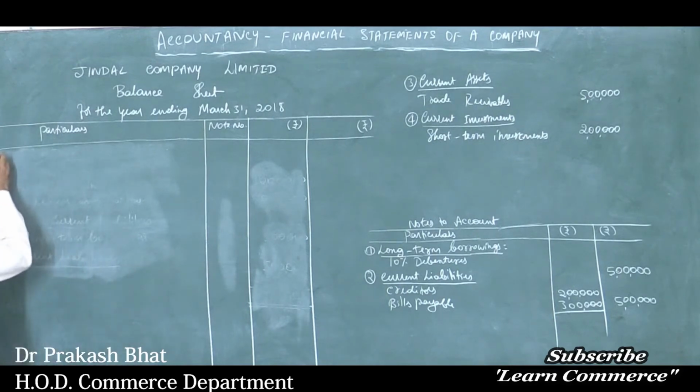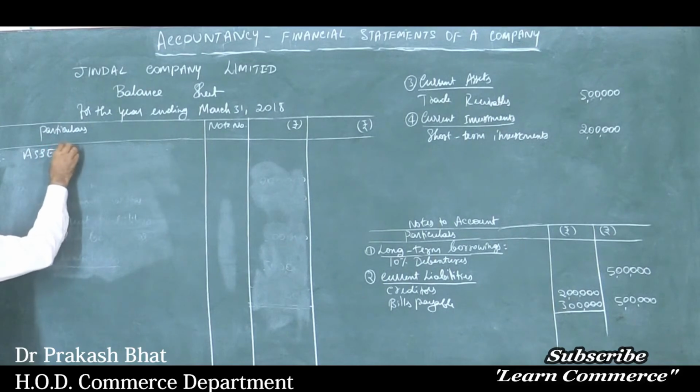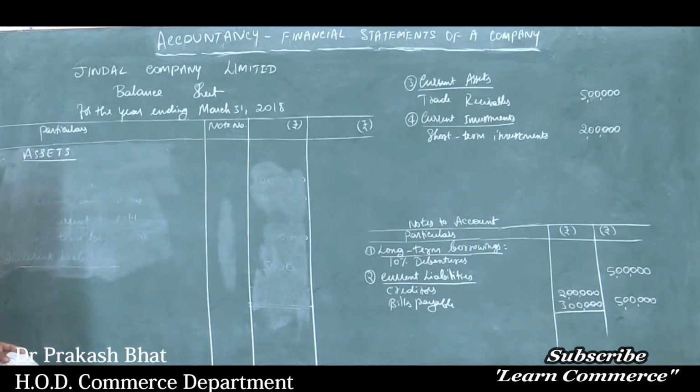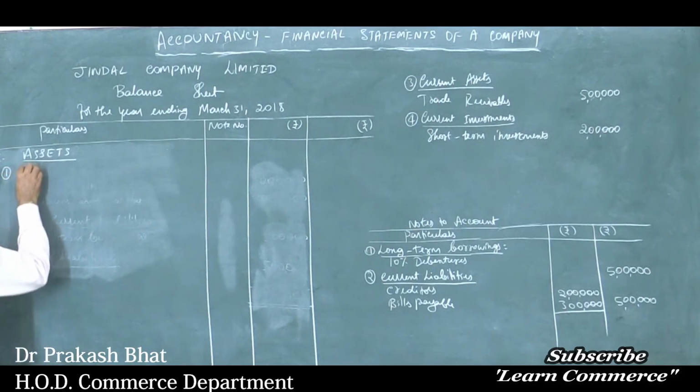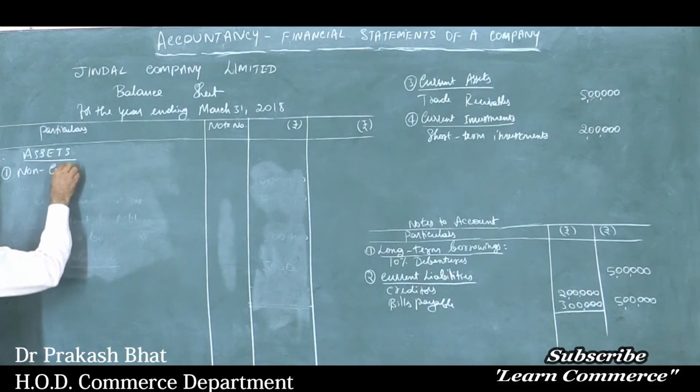Second one, Roman 2, assets. Under that, first one, non-current assets.